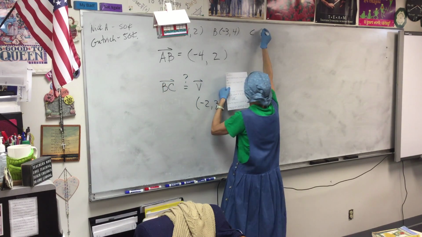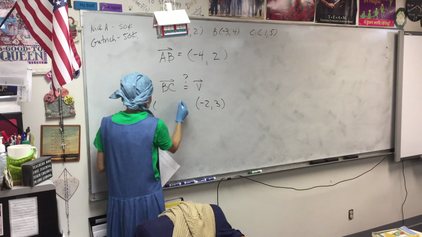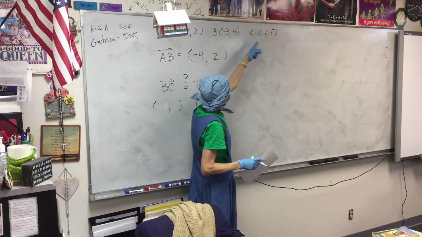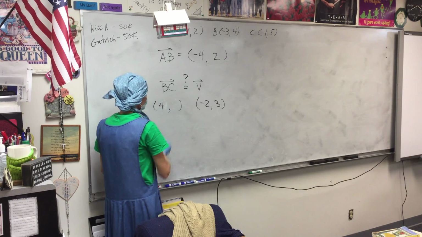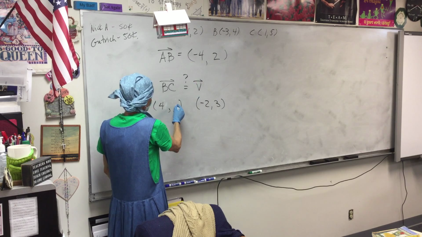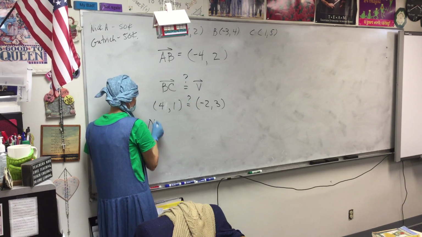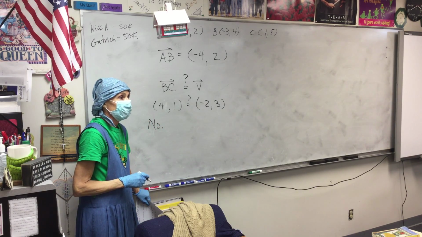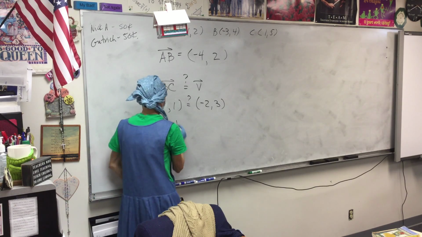Now we're going from B to C. How does BC move? Well, from B to C is what? In the x direction, 4. Well, I can already tell they're not going to be equal, but I'll go ahead and finish it. How about y's? How do the y's move? Are those equal to each other? No. How are you going to answer the why or why not? Their coordinates don't match.